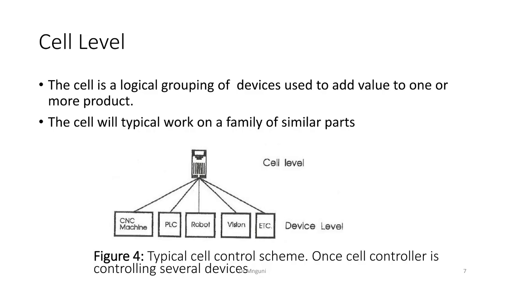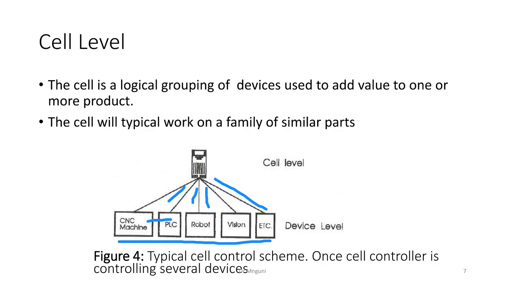Then the cell controller must be able to upload or download programs, exchange various information such as start and stop the device, and monitor the performance of each device. So you can see now that the devices here at the bottom, all these devices here, they need to listen to the cell, okay?